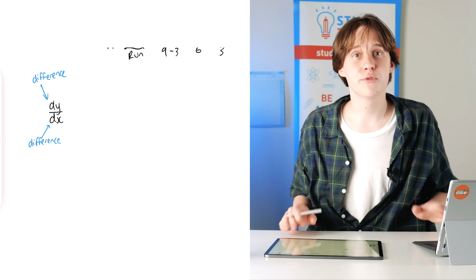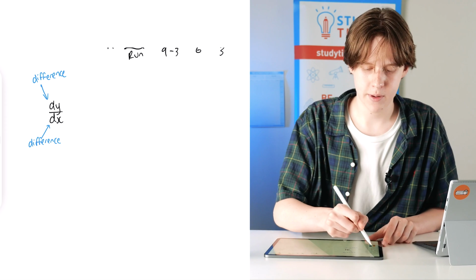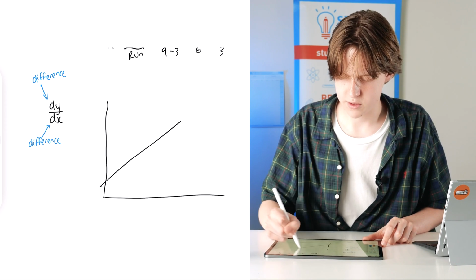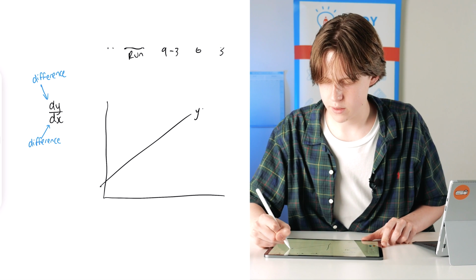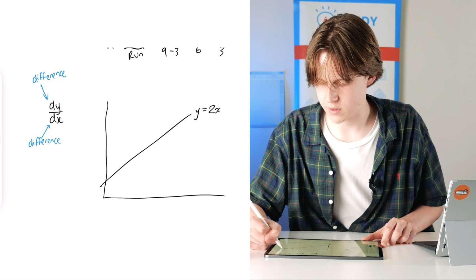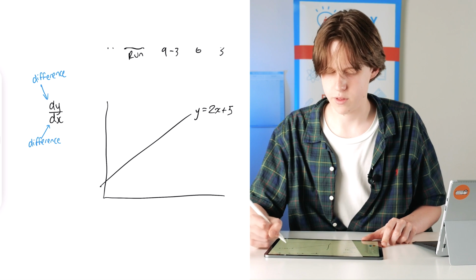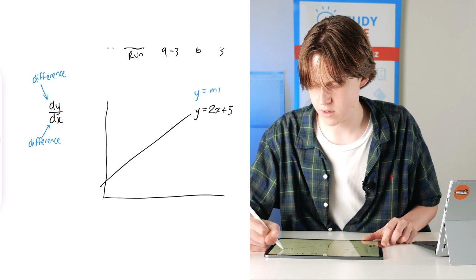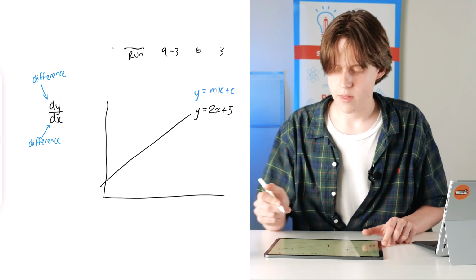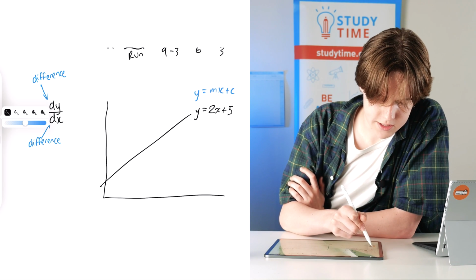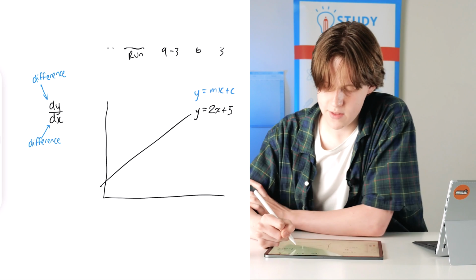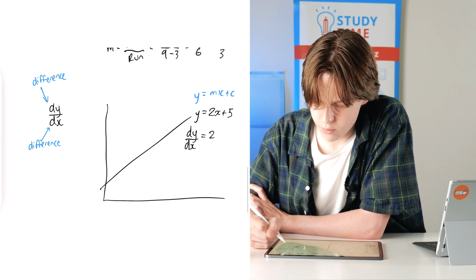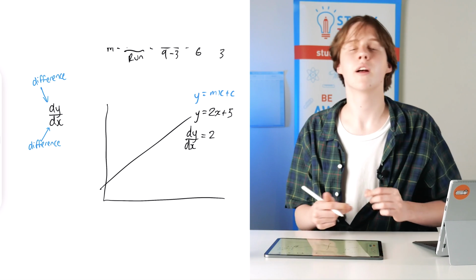And differentiating is really easy at the level of a straight line because if I were to draw one of those up, we said this was, say, y equals 2x plus 5, in the form y equals mx plus c. Then we just take the gradient when we're differentiating. So we would say that dy by dx equals the gradient, which is 2, right? Or the m part of the y equation.